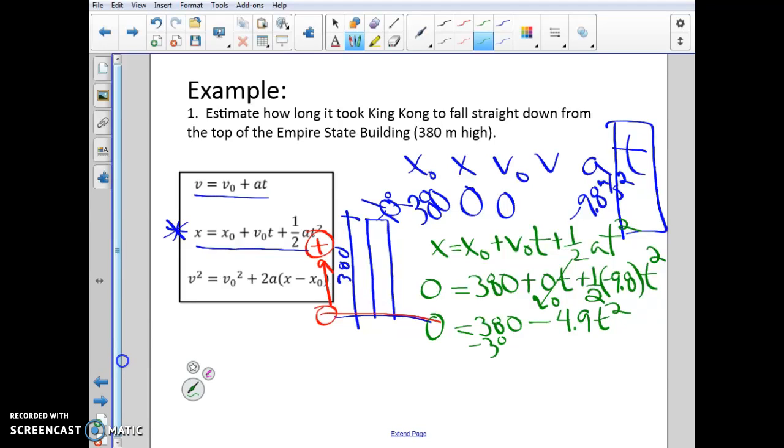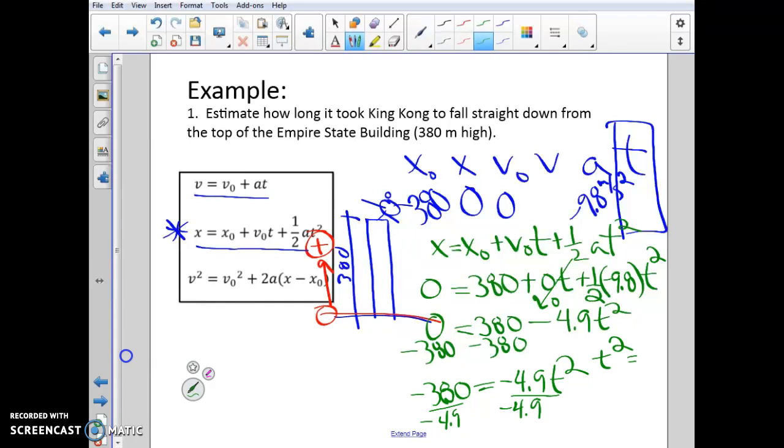I do my algebra, and I can ultimately solve for t squared. So I divide by 4.9, and I get t squared. I think it's 77.5.